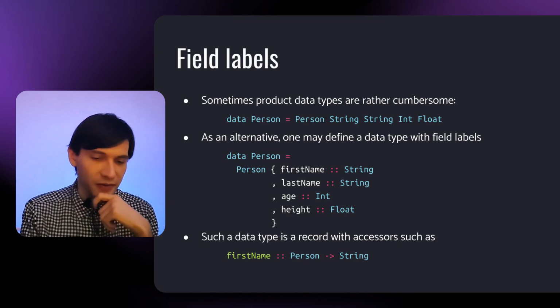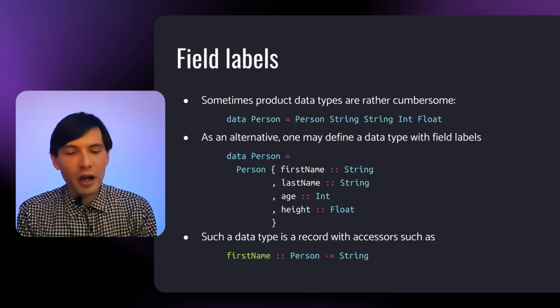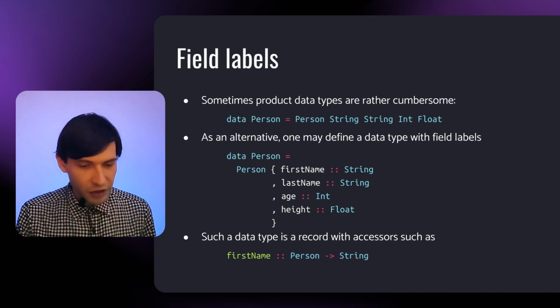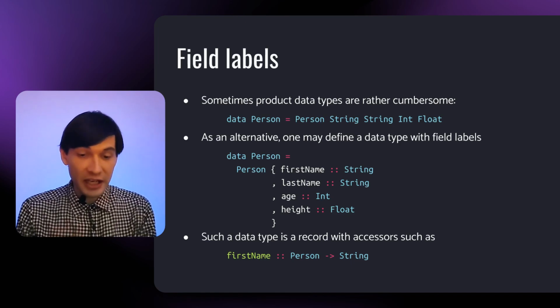data type called float. And moreover, all those names are also accessors. What do I mean by that? Well, we can take a value of the data type person, and return values that this particular value of person stores.